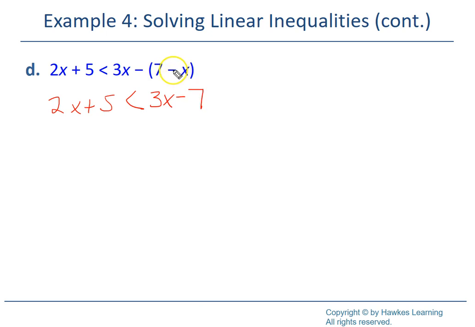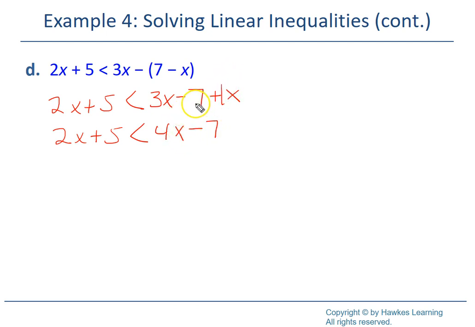This is a negative x. It's going to become a positive x. And now we don't have parentheses anymore. So we combine like terms. 2x plus 5 is less than 4x minus 7. Remember, there's a 1 there.